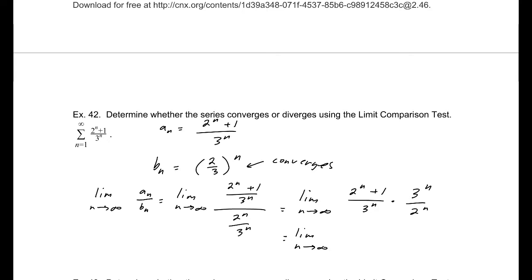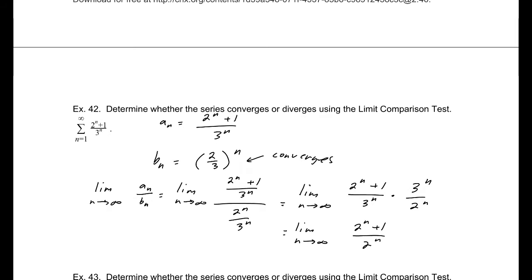Okay, rearranging that, we get 2 to the n plus 1 over 2 to the n, which is equal to 1 plus 1 over 2 to the n. That second term goes to 0, so the limit here is 1.